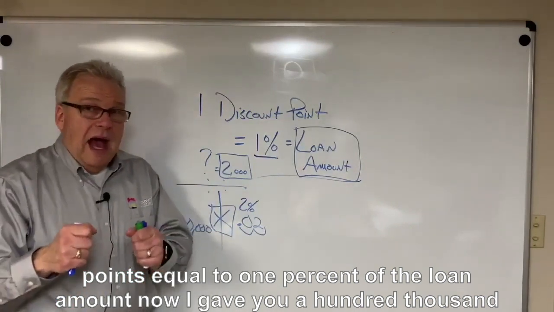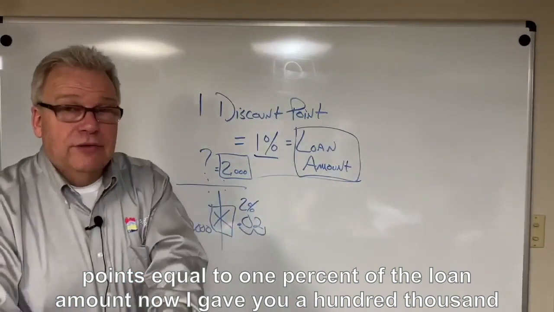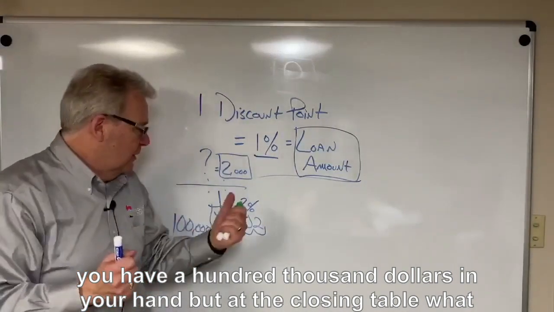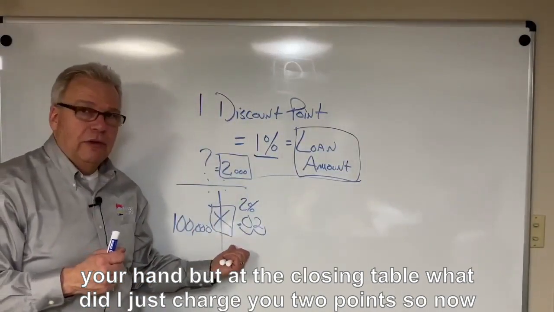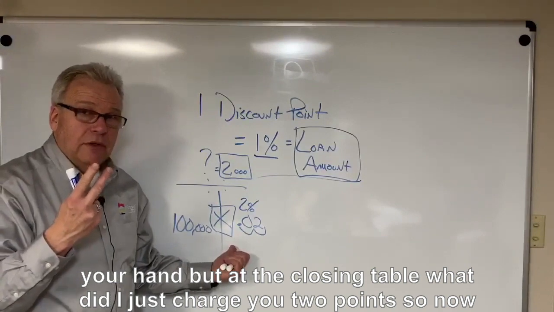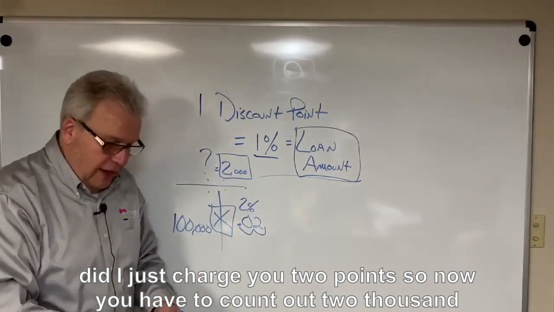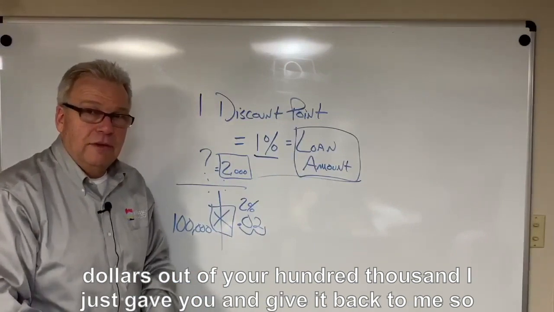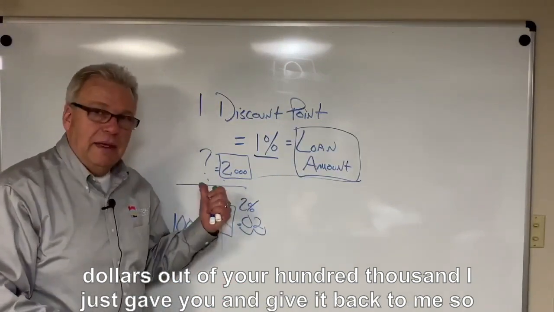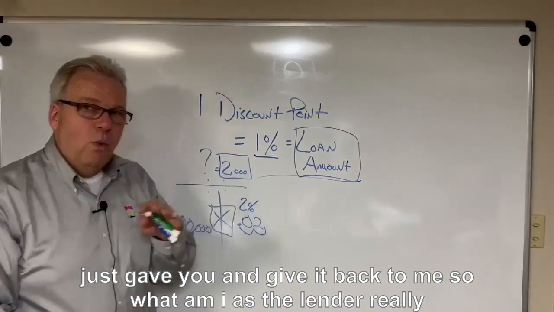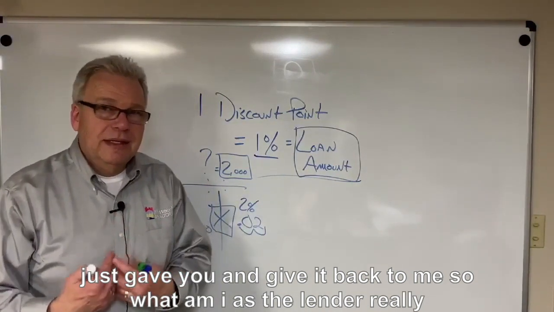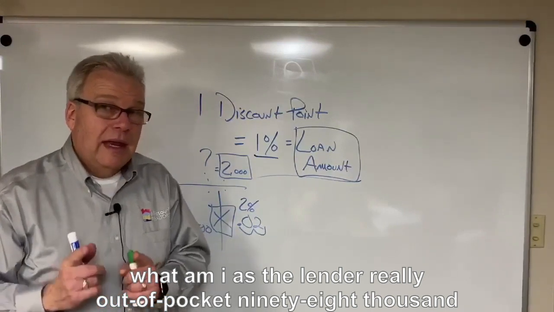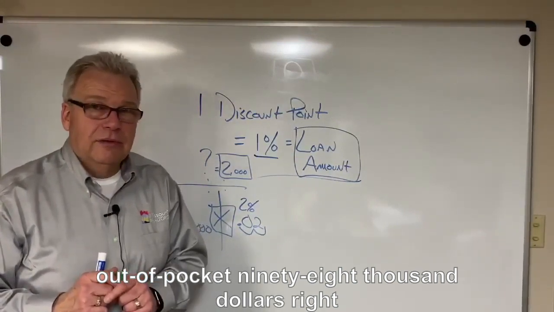Now, I gave you $100,000. You have $100,000 in your hand. But at the closing table, what did I just charge you? 2 points. So now you have to count out $2,000 out of the $100,000 I just gave you and give it back to me. So what am I, as the lender, really out of pocket? $98,000.